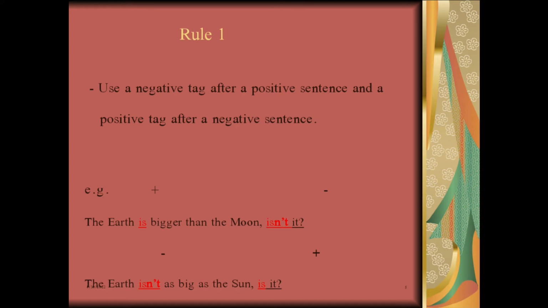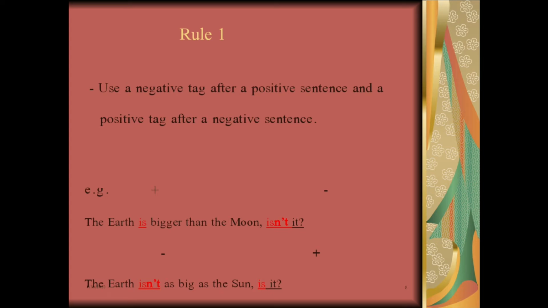The form of question tags. First we have to know the rules in order to know the form. First, we have to use a negative tag after a positive sentence and a positive tag after a negative sentence. What do you mean by this? For example, the earth is bigger than the moon.